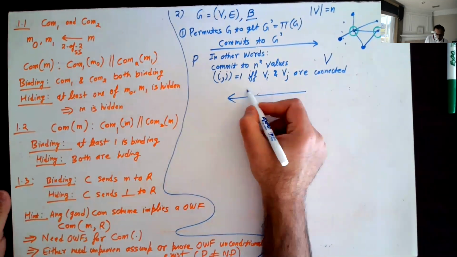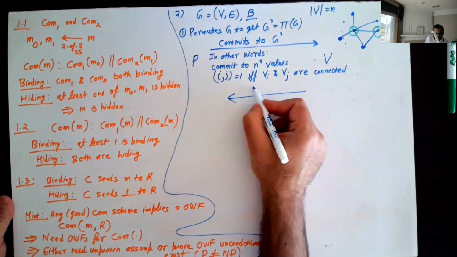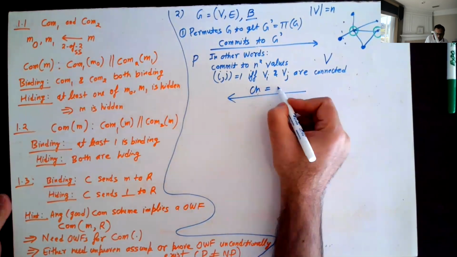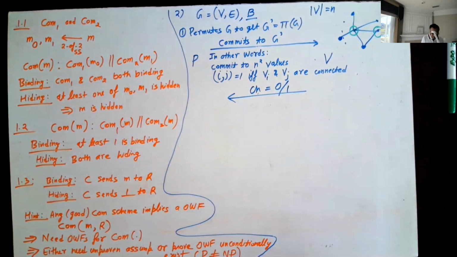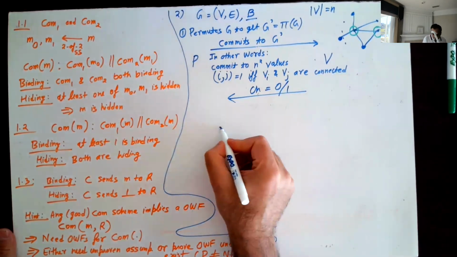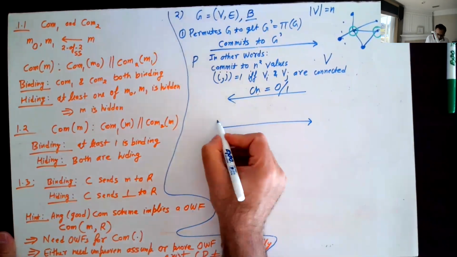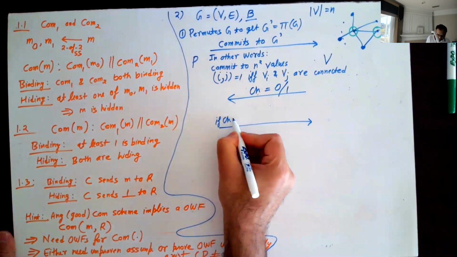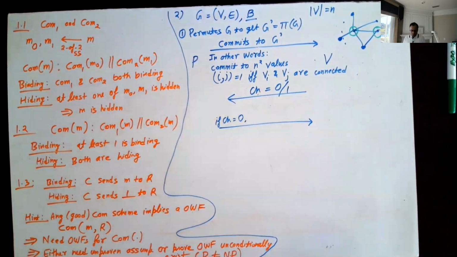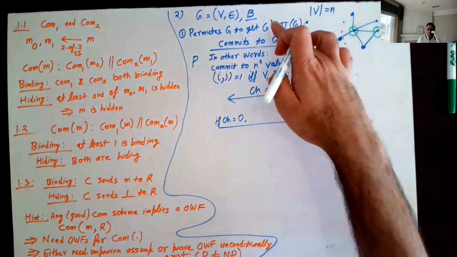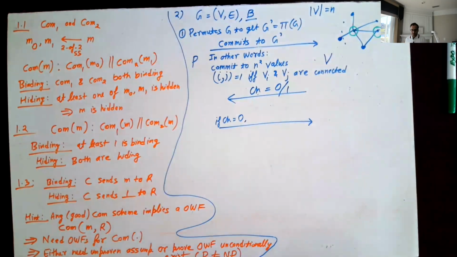The verifier just sends a challenge bit. Let's call it challenge, which is equal to either 0 or 1. If the challenge is 0, then you need to show the verifier that G prime is indeed a permutation of G. So I didn't commit to something completely different, right?